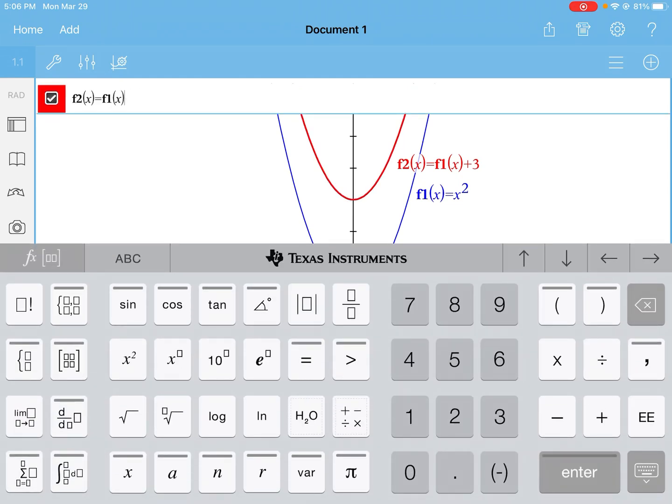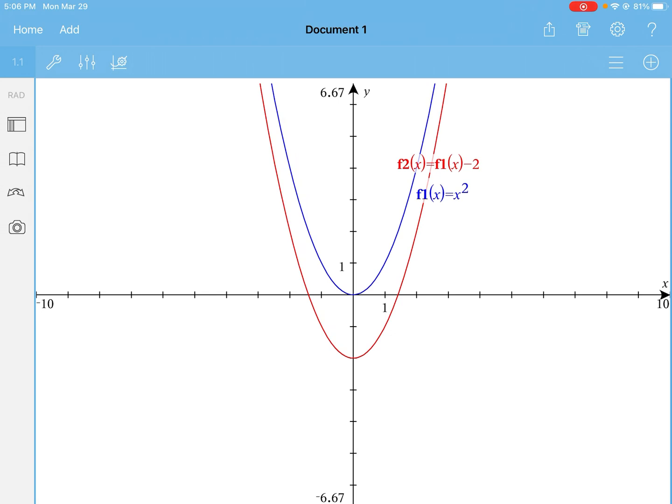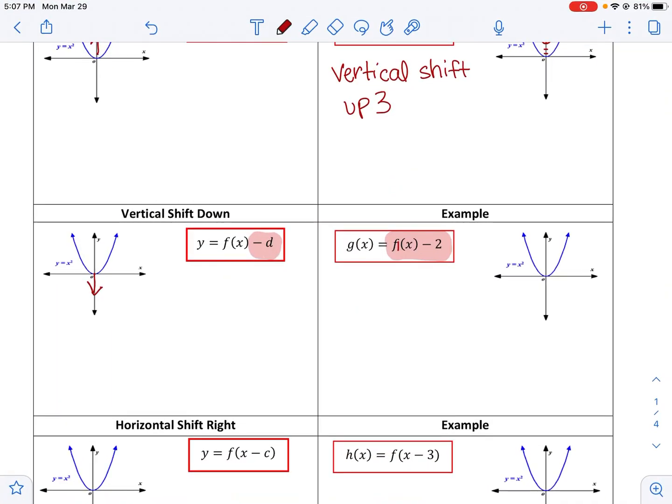I'm going to leave that F1 of x because that's our parent function, but now I'm going to put minus 2. And notice how it shifted it down 2 units. So it shifted vertically down. So vertical shift down 2.